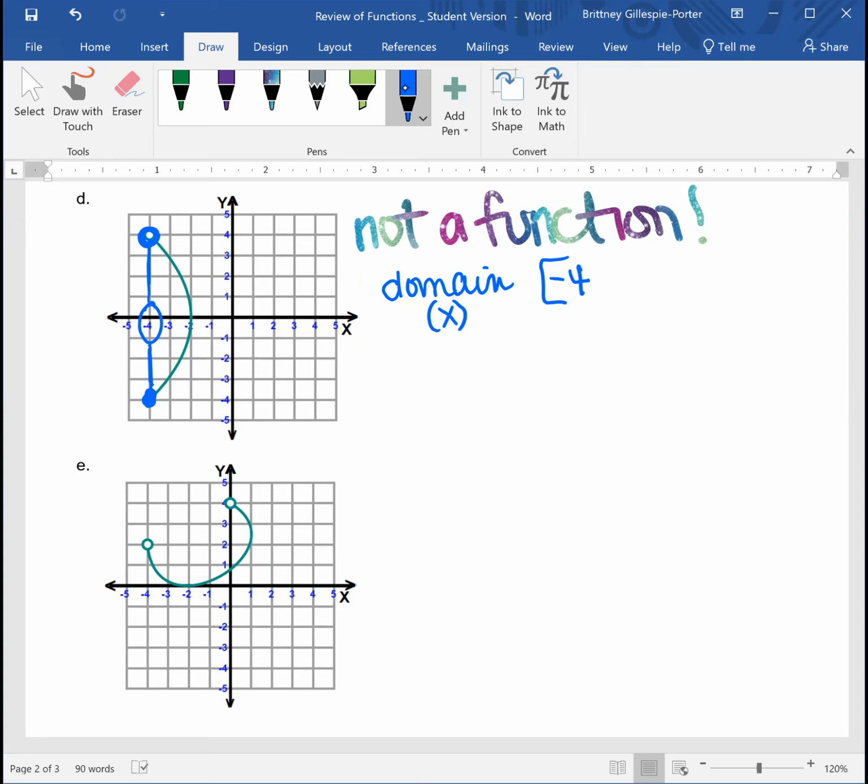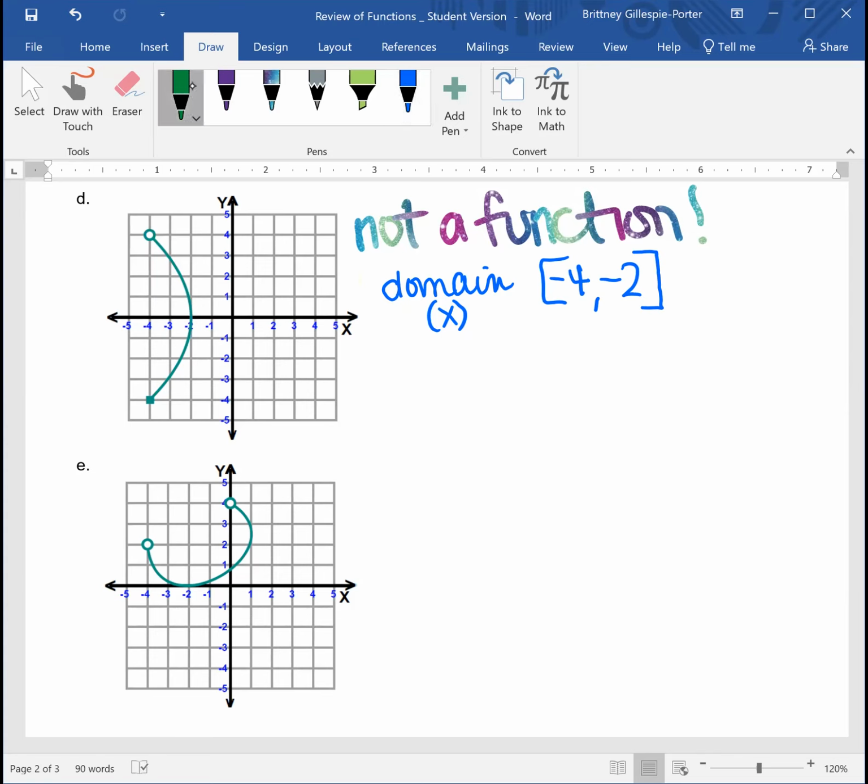When we move to the right to find our largest x value that we use, we hit -2. And because we actually have -2 as part of an ordered pair, we're going to use a bracket.